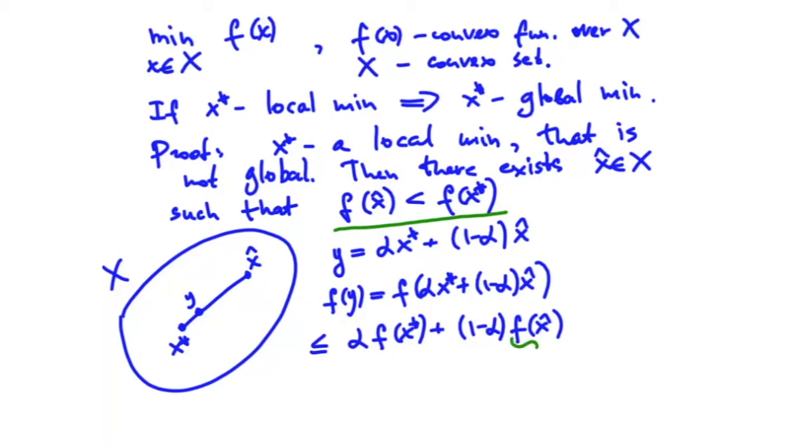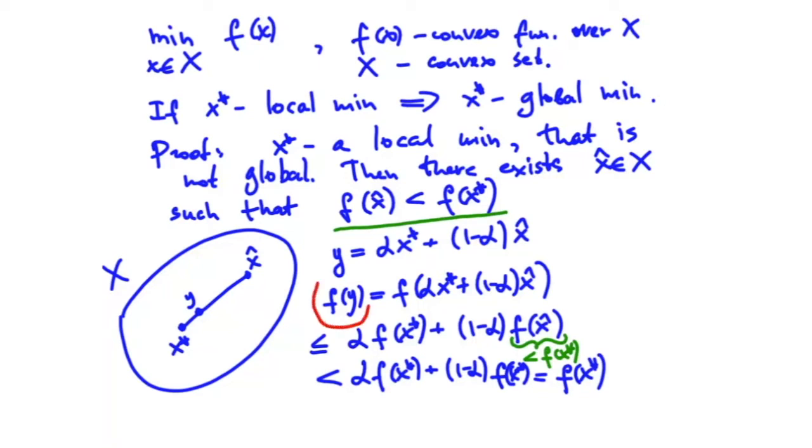So we use this assumption to show that this is actually less than alpha f of x star plus 1 minus alpha f of x star, which just gives us f of x star, right?